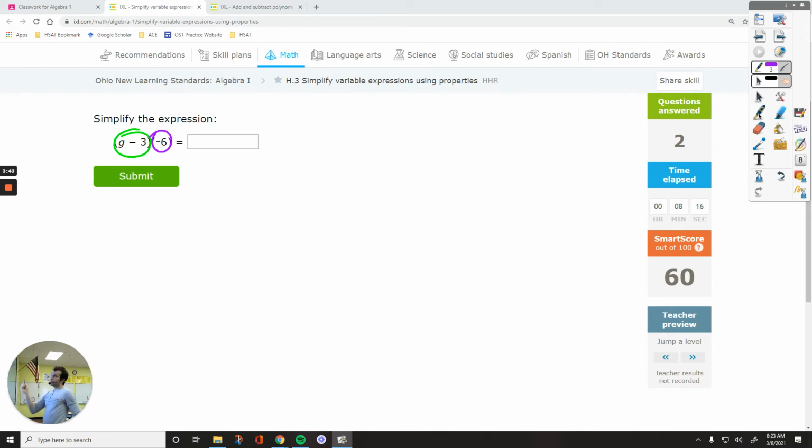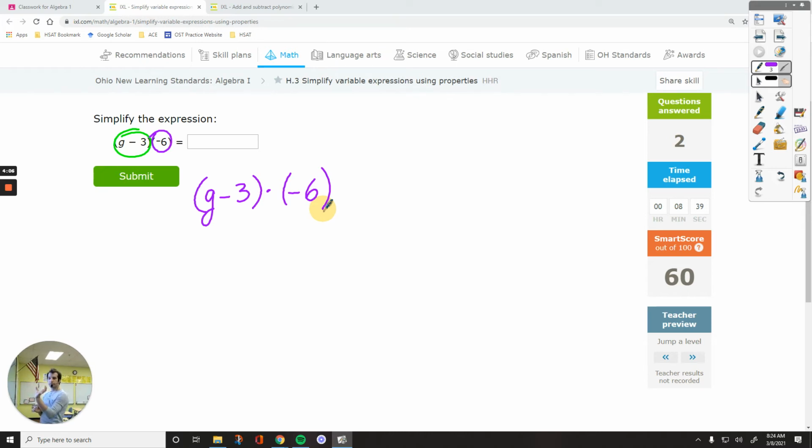So what that means, let me just bring it down here, g minus 3. For this, you do not just focus on the like terms. You need to distribute the negative 6 into g minus 3. So what that means, all of the terms should be multiplied together.